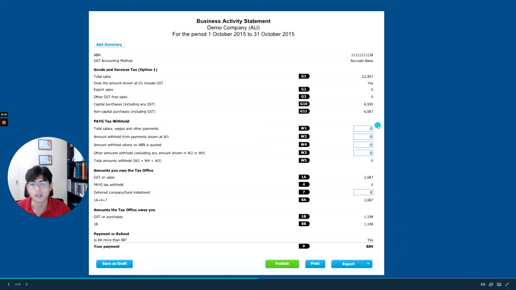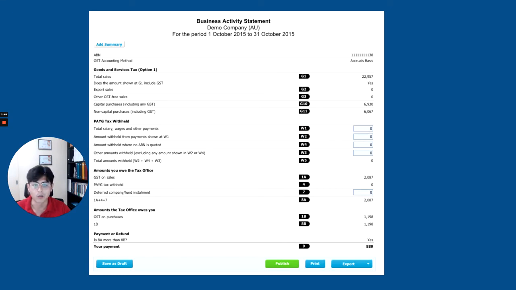In this scenario, there hasn't been any wages paid, so there will be no tax withheld on those wages. But often, say for example, this company paid total salaries of $10,000. In W1, we would put in $10,000, and in W2, we would put the tax withheld on that $10,000.